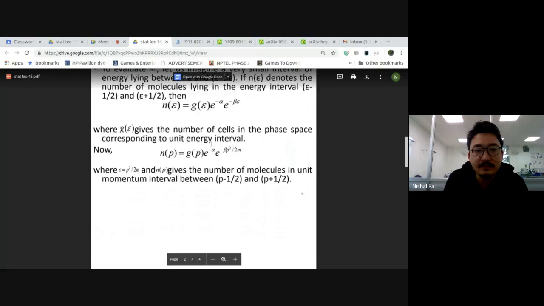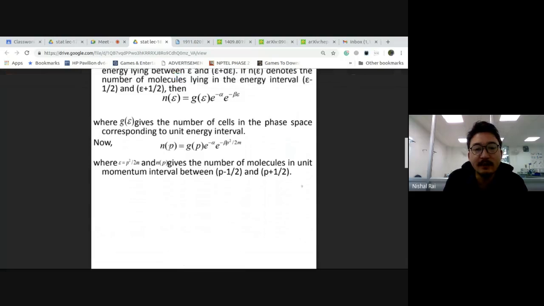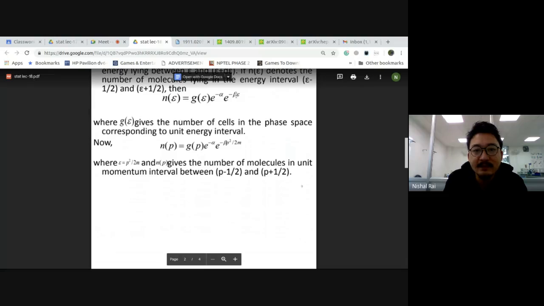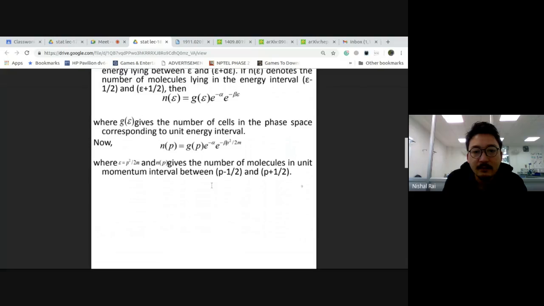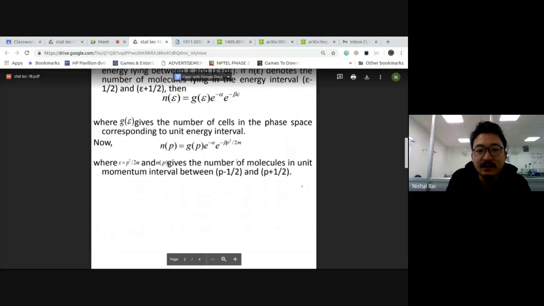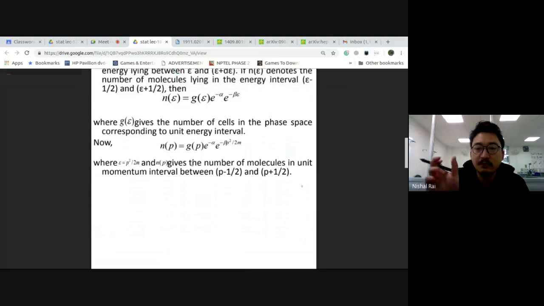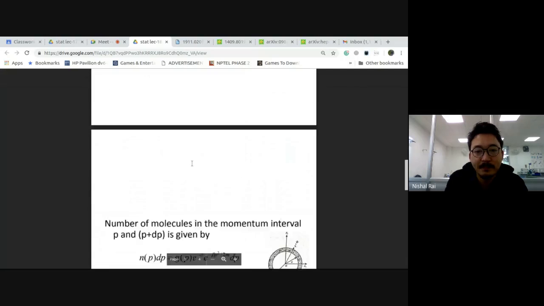This is given by this. And in terms of momentum, if you write energy in terms of momentum, you can see E has been explicitly converted to p squared divided by 2m. Is it clear? Now basically this is the number of molecules in the interval between p minus half and p plus half. This is the distribution function in that small band.